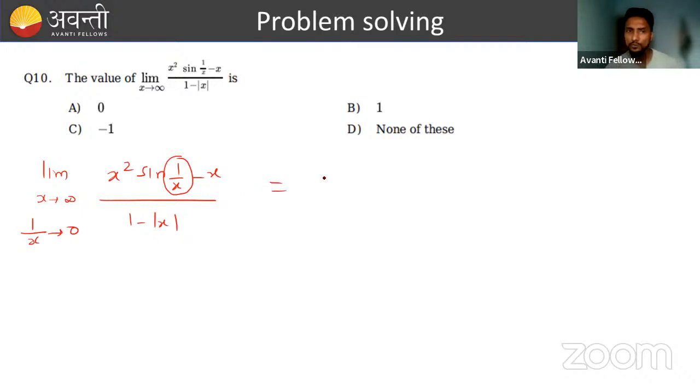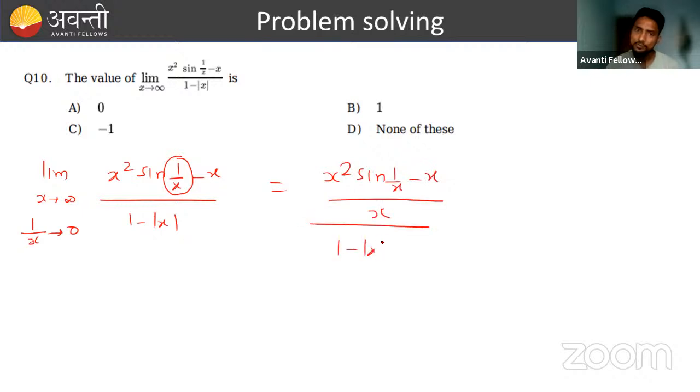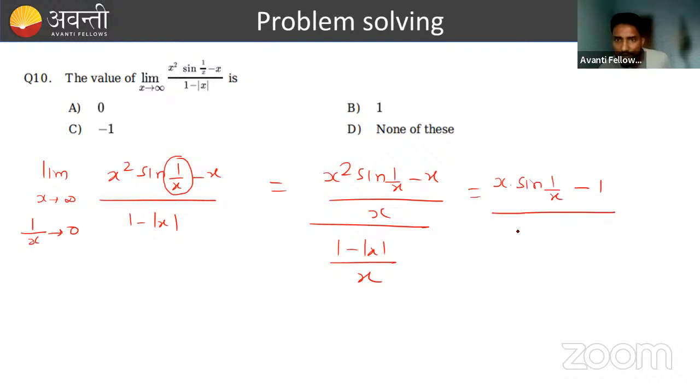And then I will simply divide by x, and on this side also I will divide by x. For that, what am I going to get? x will be cancelled out. This will be x into sine 1 by x minus 1, divided by 1 by x minus mod x by x.